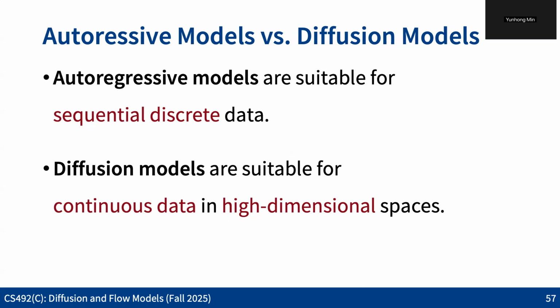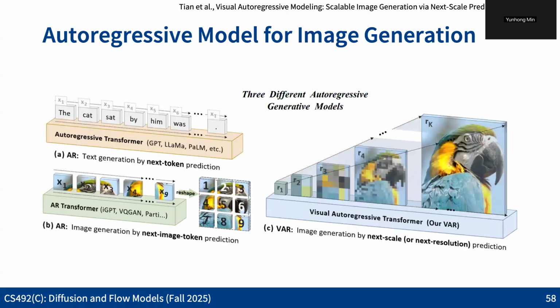Because recently, we are also seeing many cases using autoregressive models for image generation, with really good quality. So can you guess how we can apply the autoregressive model for image generation?